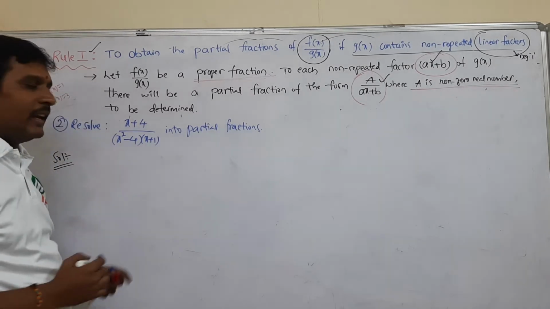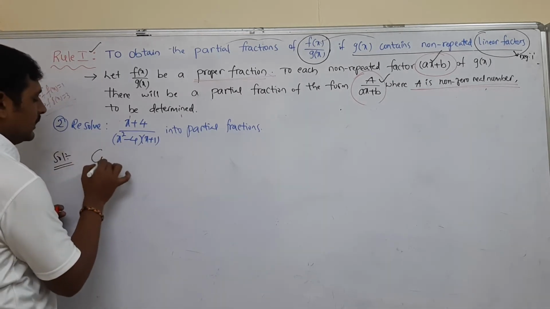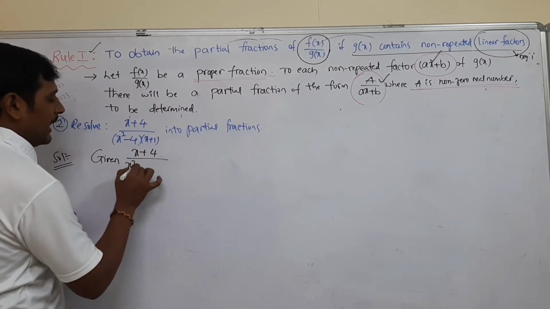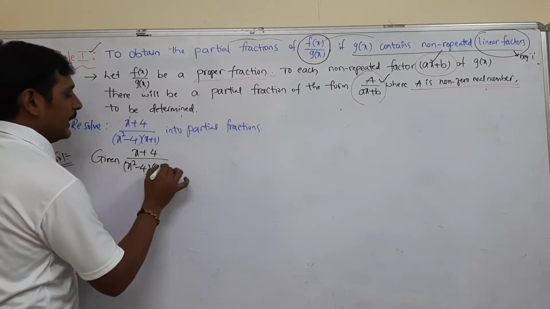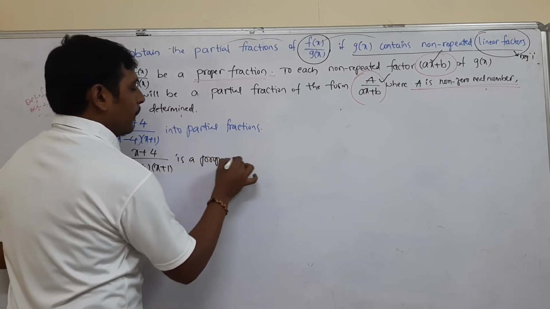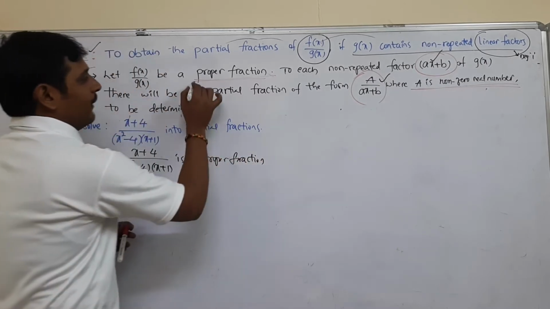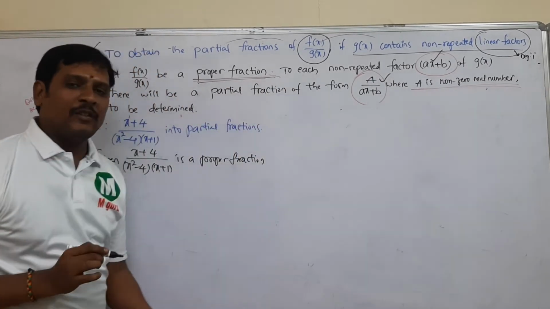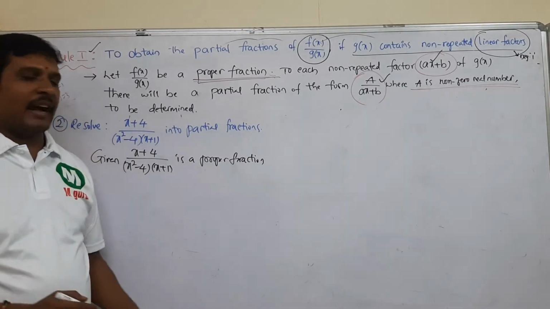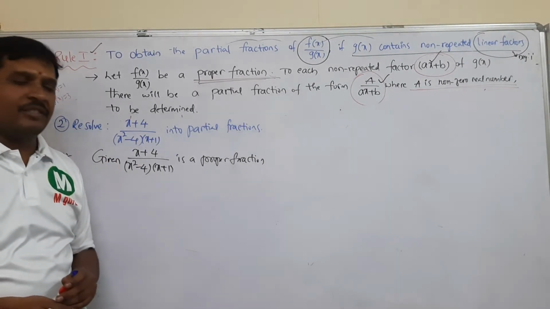So the numerator degree is less than the denominator, hence the given one, x plus 4 by (x square minus 4) into (x plus 1), is a proper fraction. So always we need to verify first whether the given question is a proper fraction or not. Yes, it is a proper fraction because degree of f of x is less than degree of g of x.